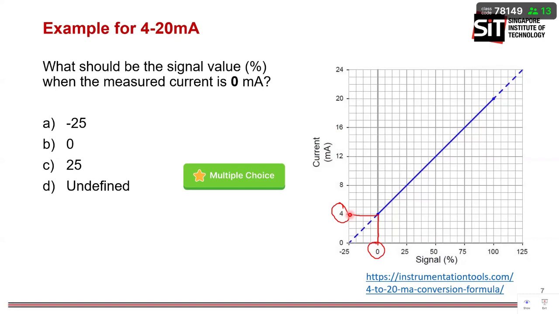And if you ever get 0 milliamp, what can you tell about your copper wire? There must be some breakage, there must be some loose connection. And if that is the case, then this is something that calls for the maintenance team. You should be looking at this part of the system and check why you are not receiving 4 milliamp as the bare minimum.